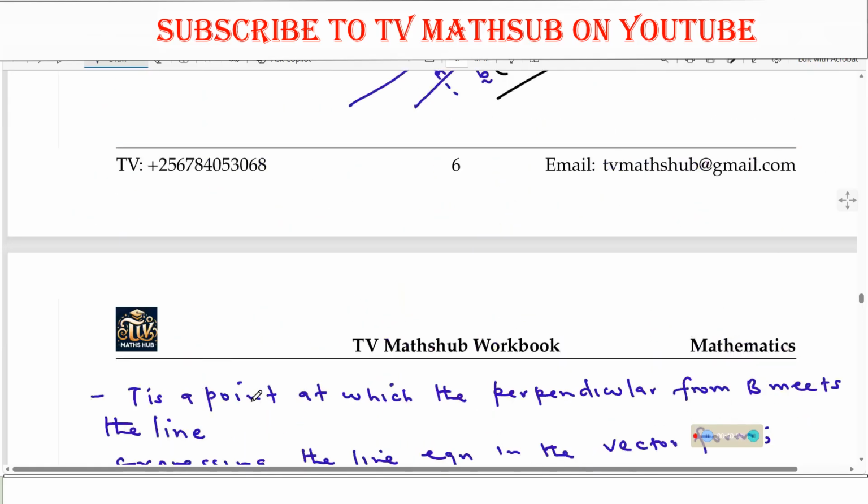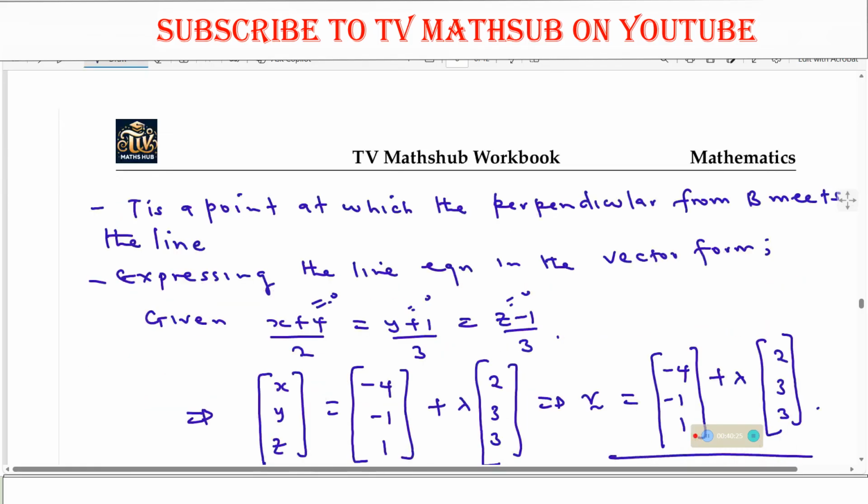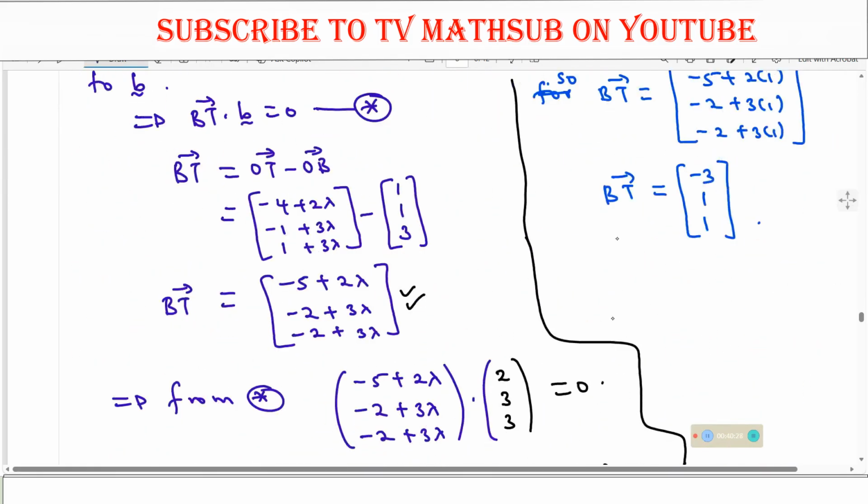But still, what is our interest? Our interest is to get this distance. And how do you get distance? By taking the magnitude or modulus of vector BT. This is our T, this one here. This implies that distance D is the same as the magnitude of vector BT, which is the square root of negative 3 squared plus 1 squared plus 1 squared.